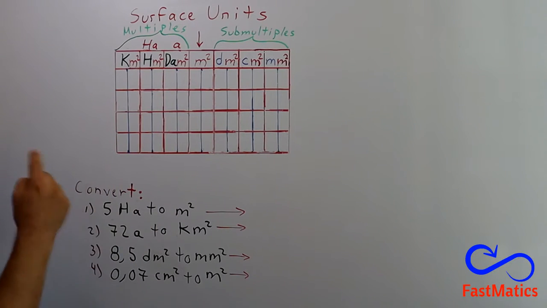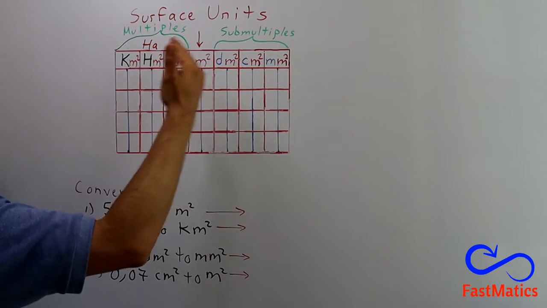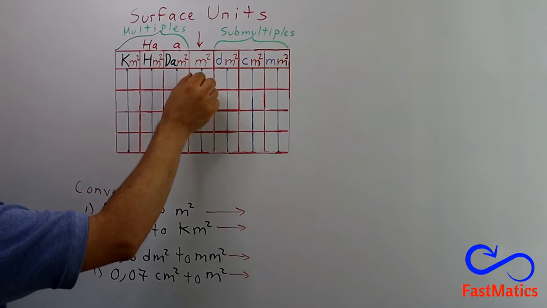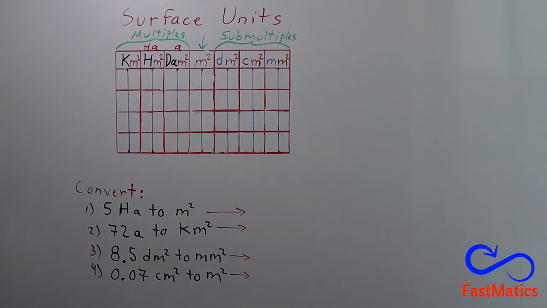So if you only have 1 number, you're going to write the number to the right side, for each abbreviation 2 places. Remember it. Very important. Let's see some examples.